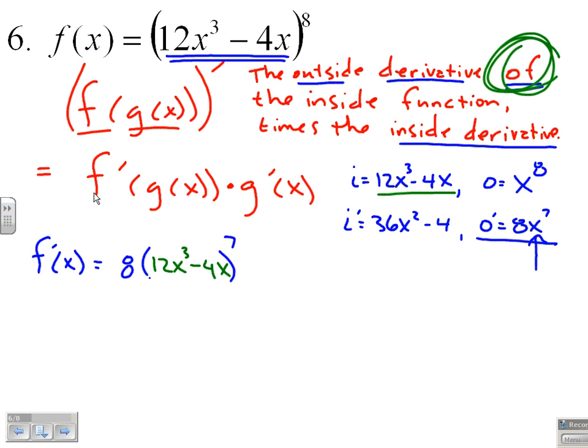And if you stopped right there and thought about the power rule, you might say, well, that's what I expected the derivative to be all along. Just bring the 8 down in front, reduce the 8 by 1, and we've got it. But we're not done. What do we have so far? The outside derivative of the inside function, and now we need times the inside derivative: 36x squared minus 4.